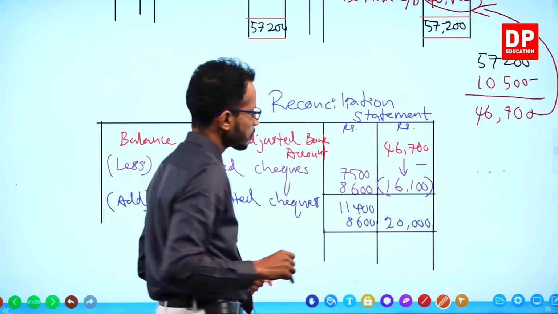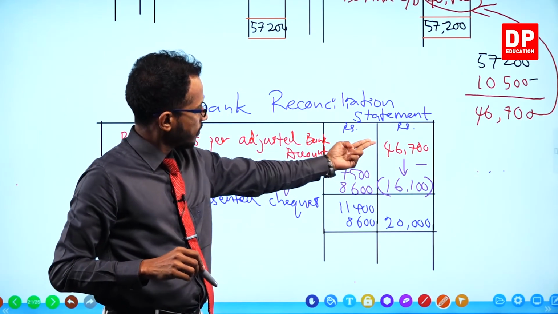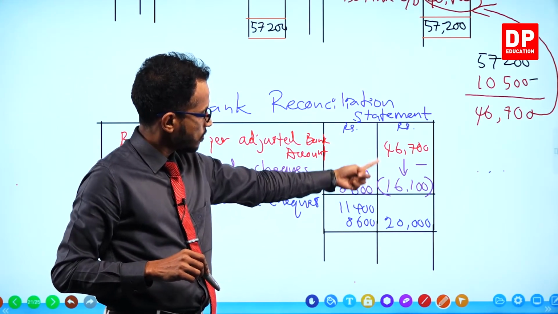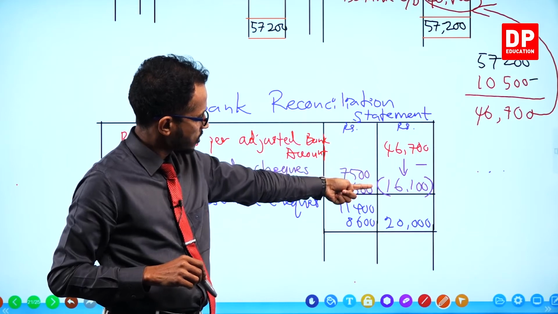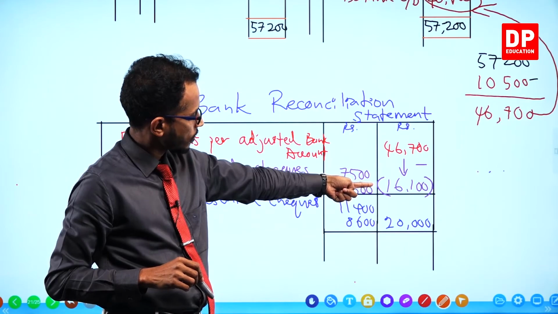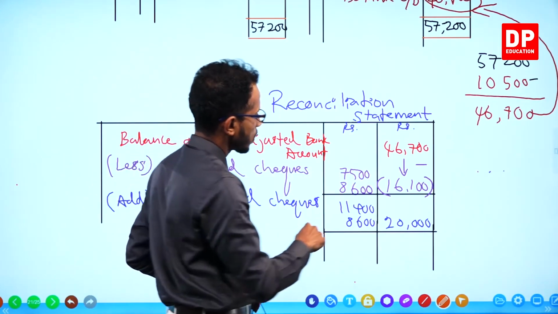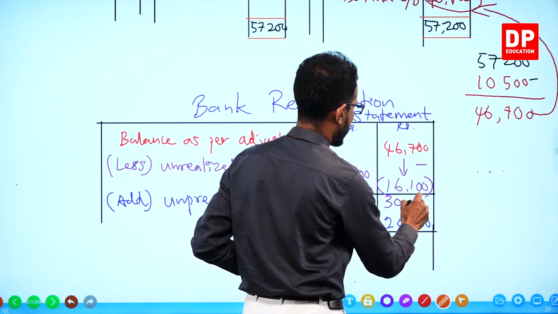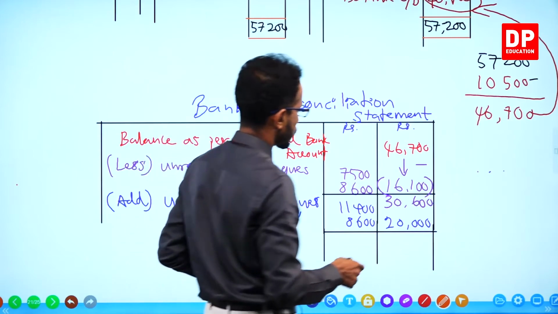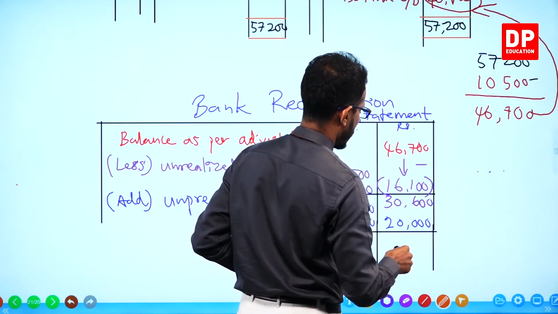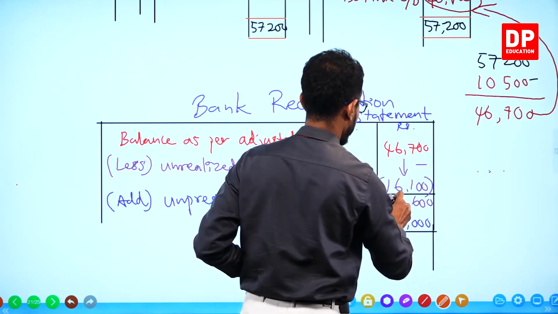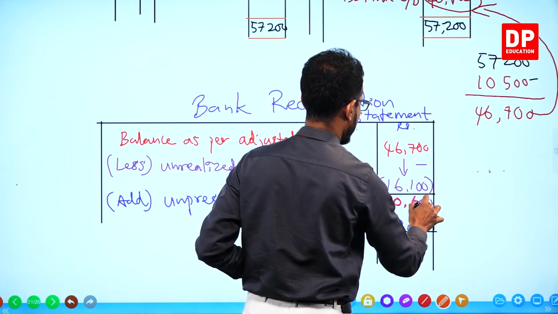Subtract 46,700 from that, minus 16,100. 46,700 minus 16,100 is 30,600. Did you get that? 30,600.